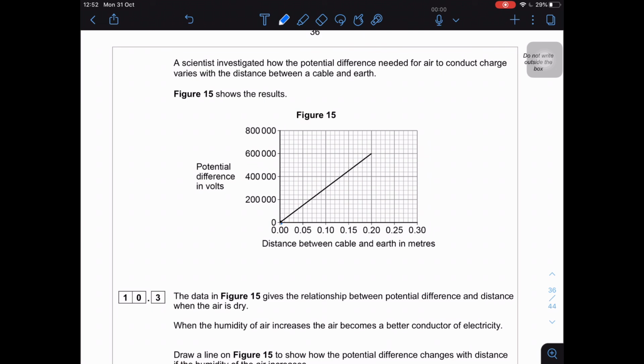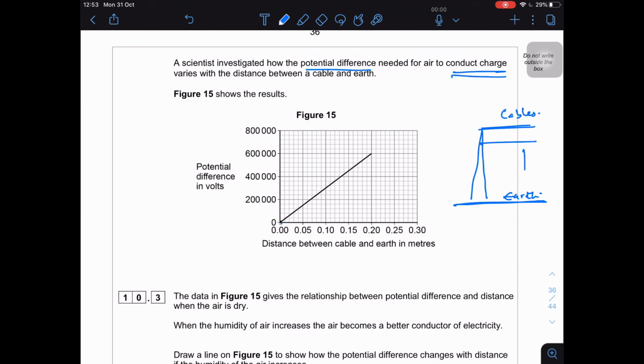All right, here a scientist is investigating how the potential difference needed for air to conduct charge varies with distance between cable and earth. What does that really mean? You know how cables are put on large towers, isn't it? Let's say this is earth, this is the floor, and those are the cables. So this scientist wants to find out how much distance will be needed for the air to conduct charge.